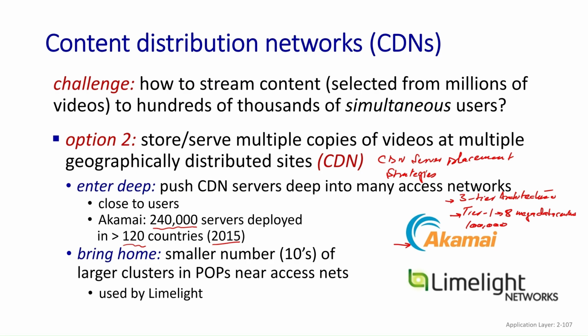Tier one is used by Google for dynamic content. Using this, Google provides us all the dynamic content, for example email, Gmail, or search.